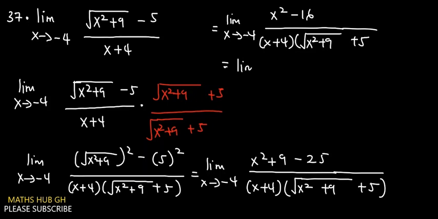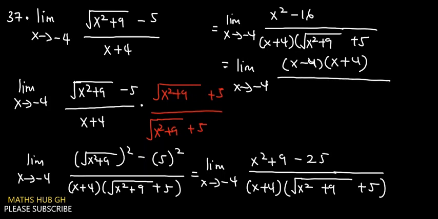So we have the limit as x approaches minus 4, then I can write the numerator as x minus 4 multiplying x plus 4, and then all this divided by x plus 4 bracket open square root of x squared plus 9 plus 5.